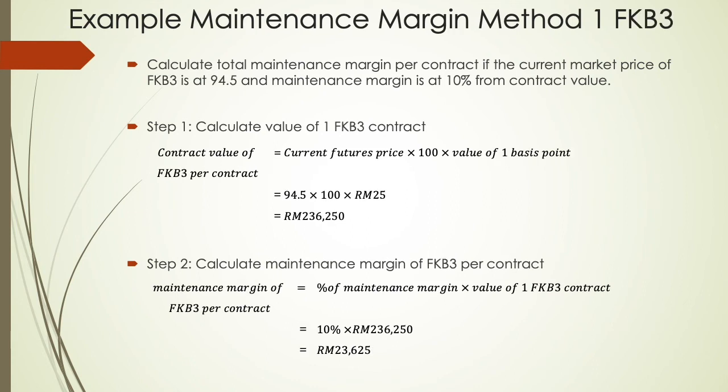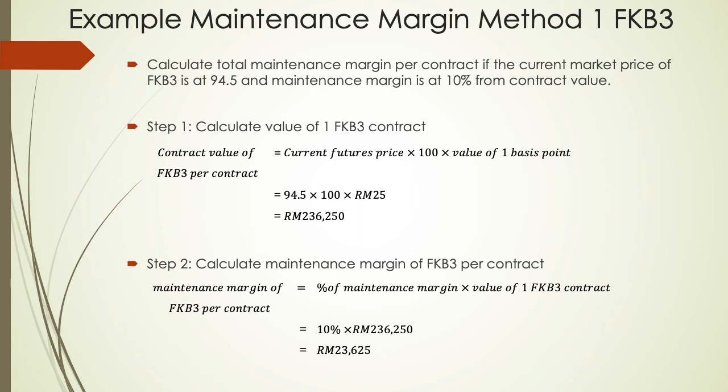So this is an example of maintenance margin method 1 for FKB3. Calculate total maintenance margin per contract if the current market price of FKB3 is 94.5 and maintenance margin is at 10% from contract value. When the question says maintenance margin is a percentage from contract value, then you need to get the contract value of FKB3 first.